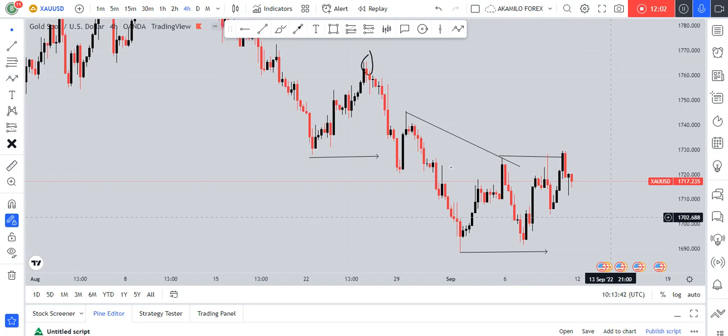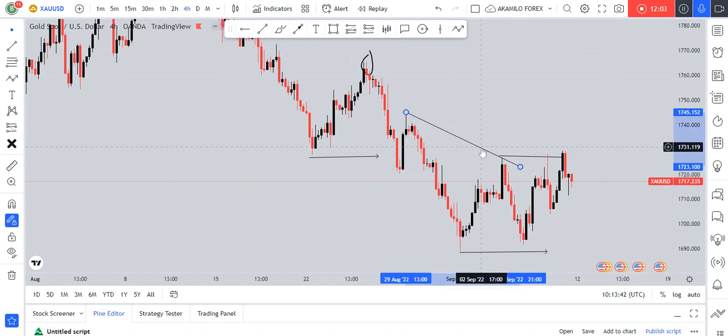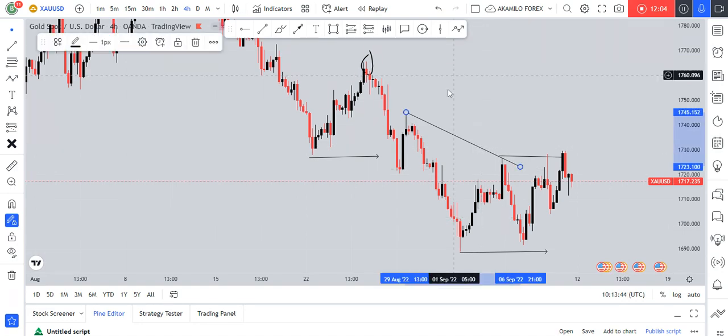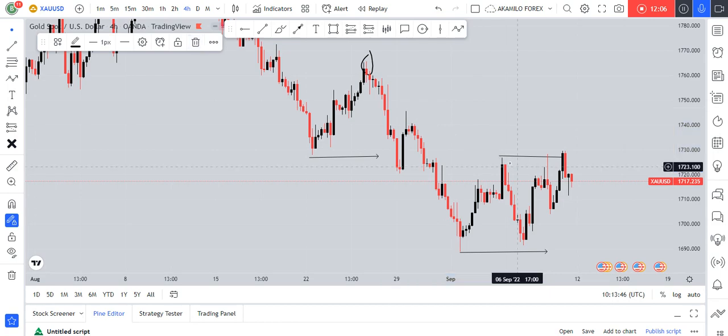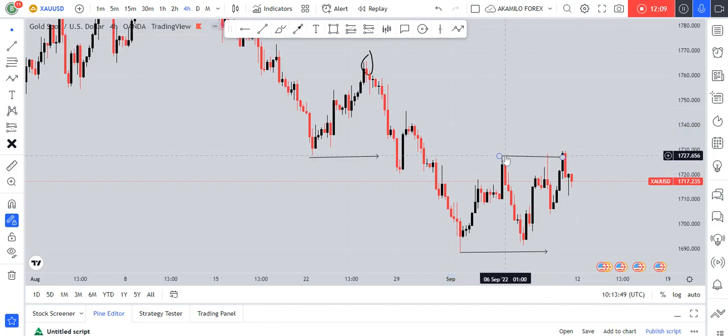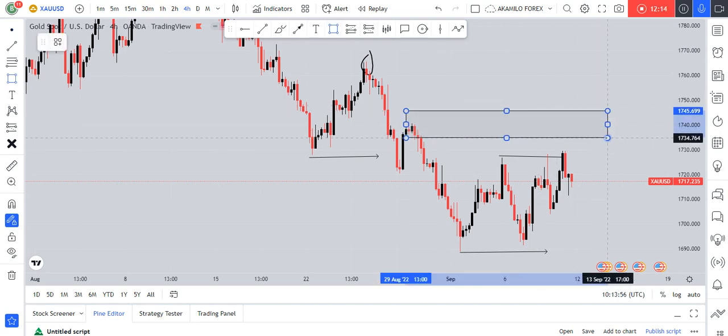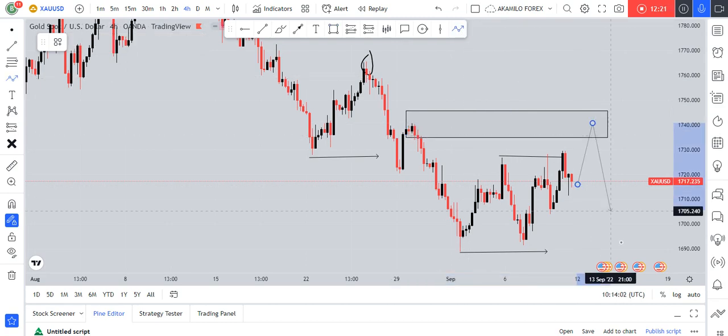Or price can use this inducement leg and this zone as the PUI to continue the bearish move.